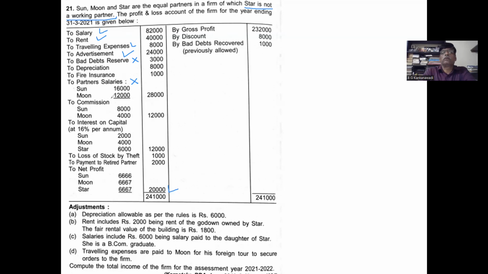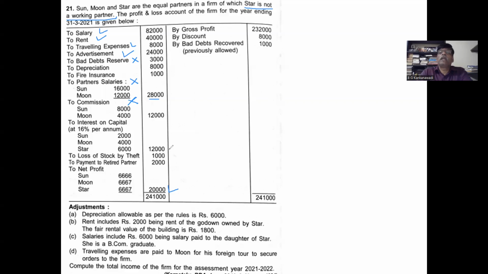Salary to sun and moon, 28,000, is disallowed. Then commission to partners, commission to sun and moon, is also disallowed. Interest on capital: total 12,000 is there, and this interest is at 16%. Out of 16%, 12% is allowable.